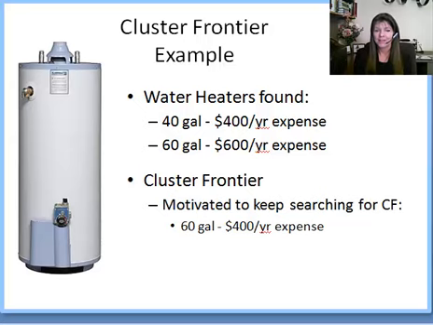I am motivated to search further to see if my cluster frontier really exists, a hypothetical brand that contains the best combination of these previously found attributes. So in this case, before deciding between these 2, I am first motivated to see if I can find my cluster frontier, the hypothetical brand that would hold 60 gallons but only cost $400 per year to run.